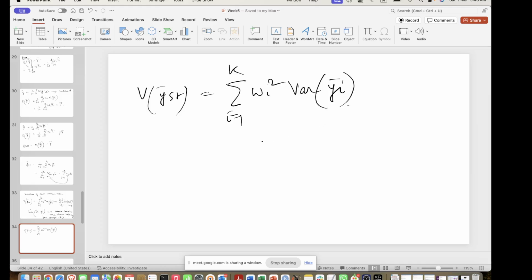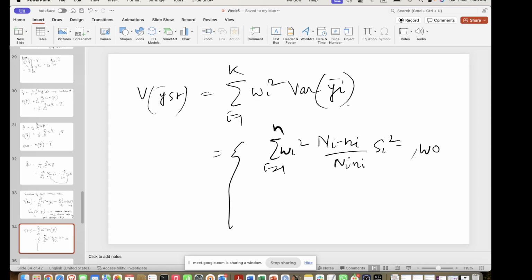So this will be summation wi square, i equal to 1 to k, capital Ni minus ni by Ni into Si square by ni if WOR, and summation wi square, i equal to 1 to k, this would be Si square by ni if WR.